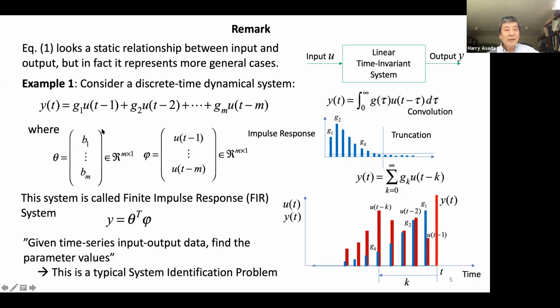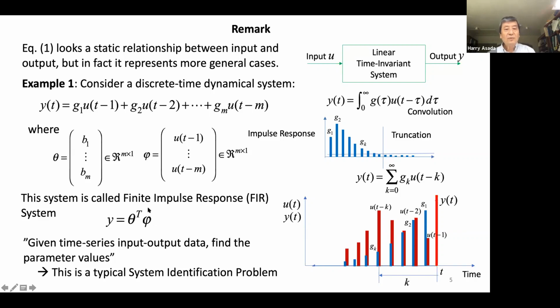By putting together, oops, this is theta, I should change this to g1 to gm, silly mistake, sorry. And then the regressor, we take u(t-1), u(t-2), up to u(t-m), and put them in this way. This expression, the finite impulse response, is given by the inner product between the two.